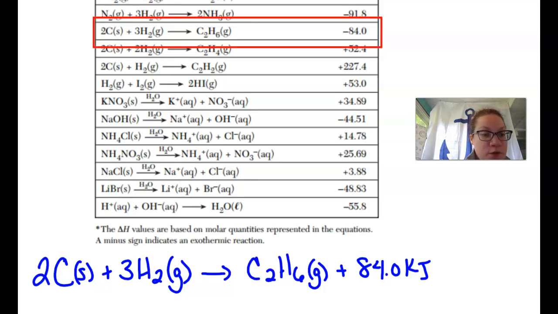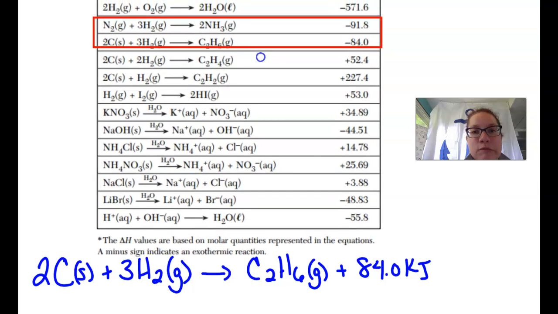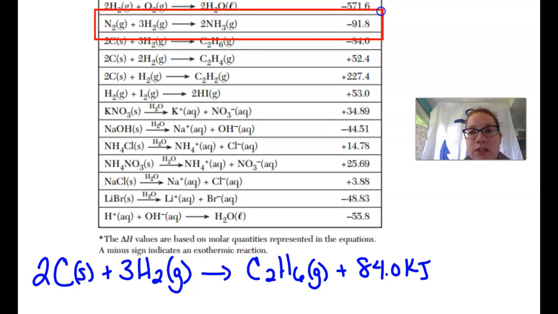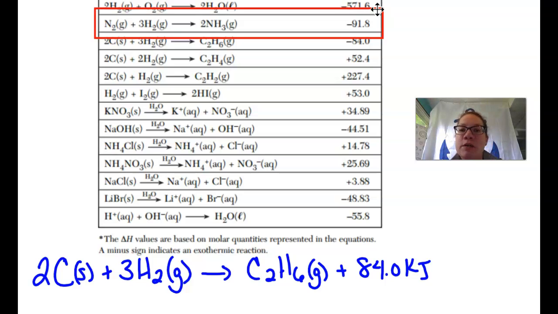All right. I'm going to choose the reaction right above that to do my example of my exothermic reaction. The reason I'm going to choose this reaction also is that this is one of the most important reactions that exists, and this is called the Haber process, depending on how bad your accent is.